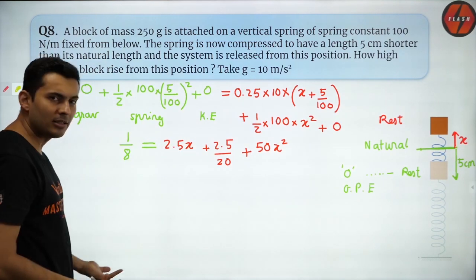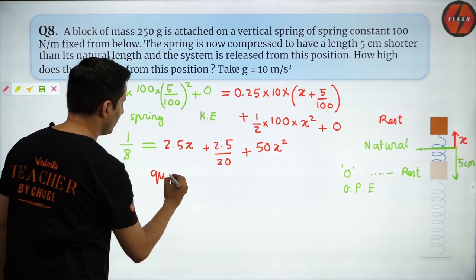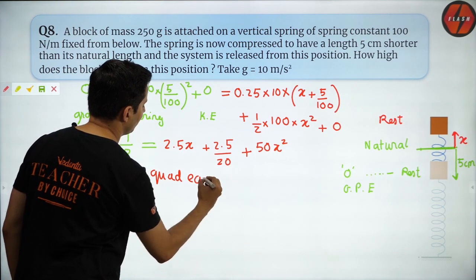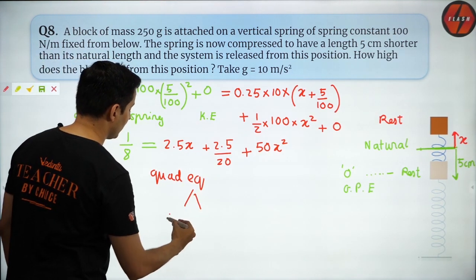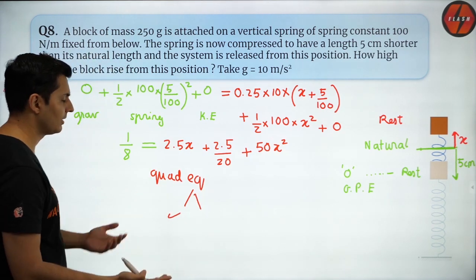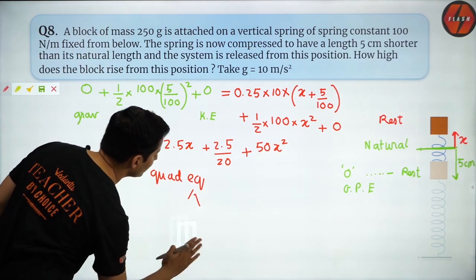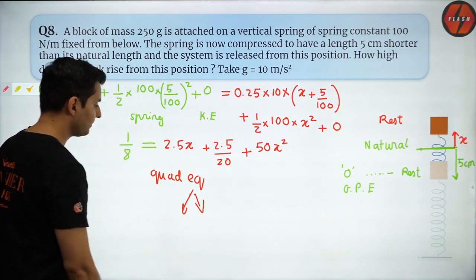Now just reshuffle these equations. It's nothing but going to be a quadratic equation. Solve this quadratic equation, you will get two roots. Just check the positive one, whichever is more relevant. Just choose it properly, you will get the answer.